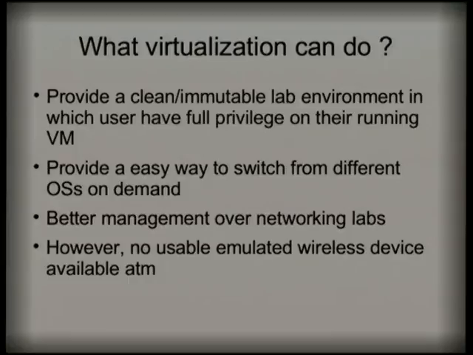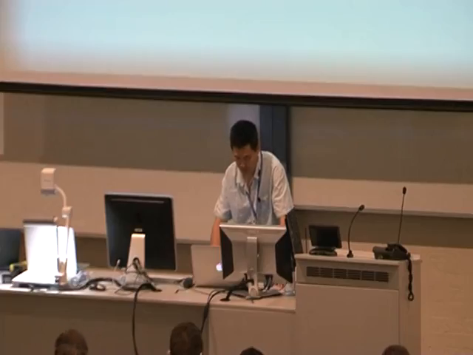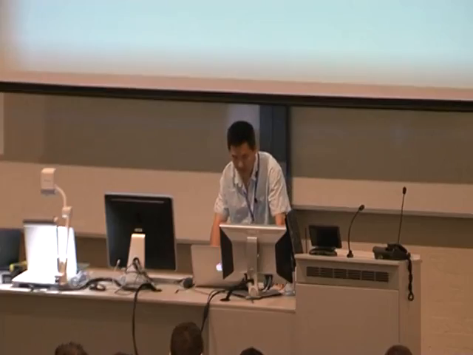As James mentioned before, we have some sticking problem with how we handle the wireless network card we use in the networking labs. The way we do it is we pass through the physical PCI devices to the virtual machine directly.